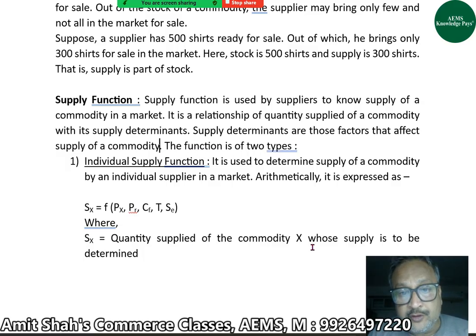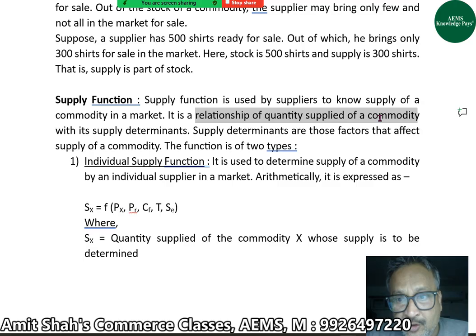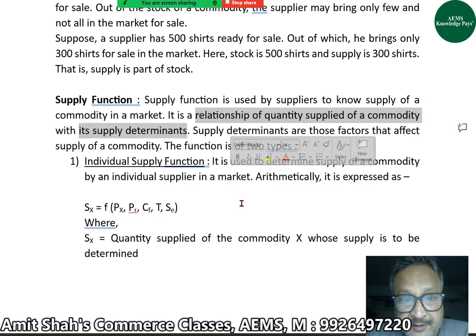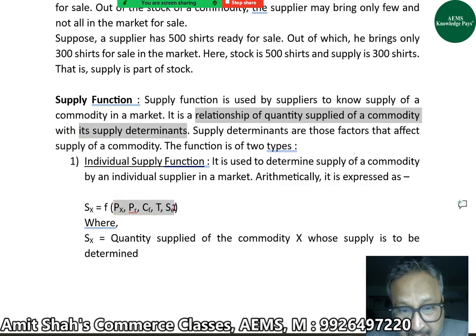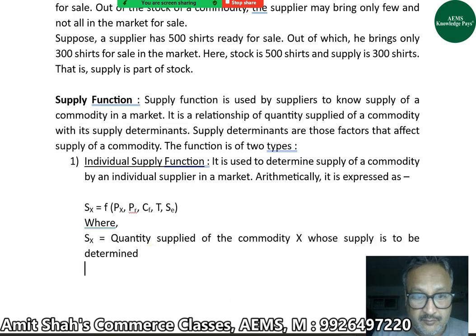So in supply function, we actually see the relationship of quantity supplied of a commodity with its supply determinants. So these are supply determinants. Am I clear? Means these determinants or these factors affect supply of X. Are you understanding this, Adya? Yes.